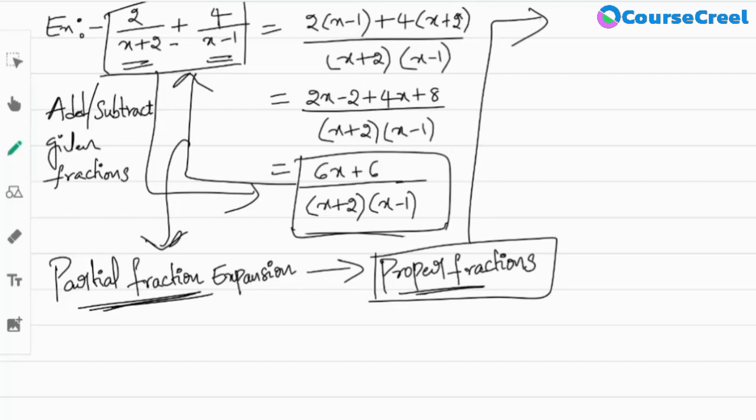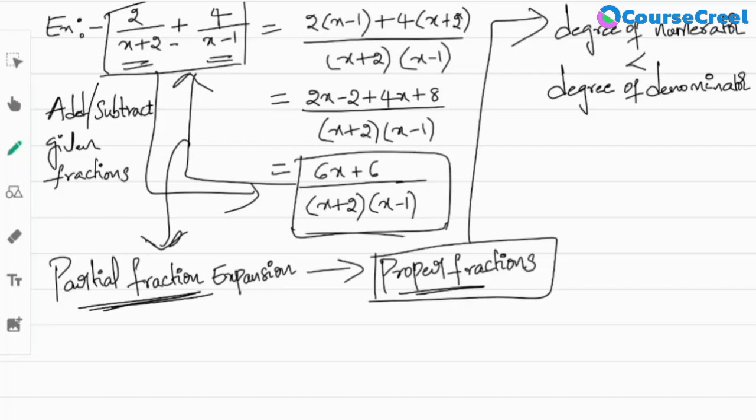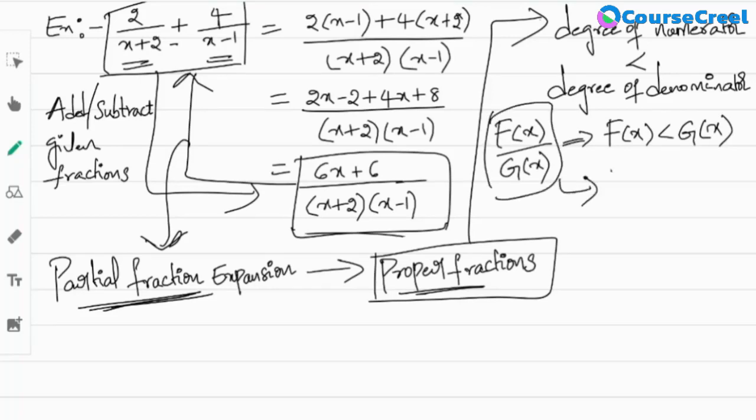A proper fraction is a fraction in which the degree of the numerator is less than the degree of the denominator. That means if f of x by g of x is a given fraction, and if the degree of f of x is less than the degree of g of x, then this fraction f of x by g of x is called a proper fraction.